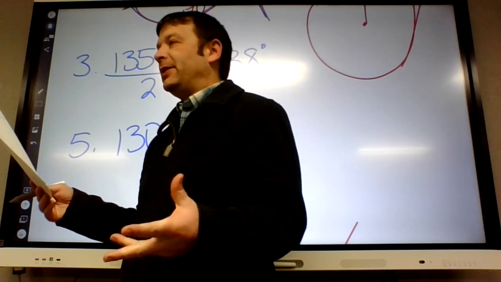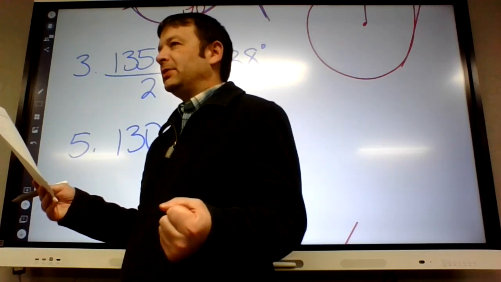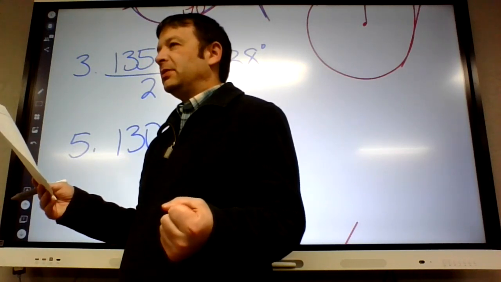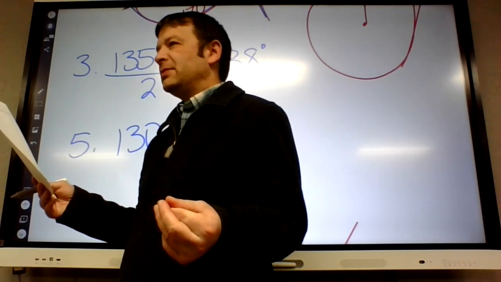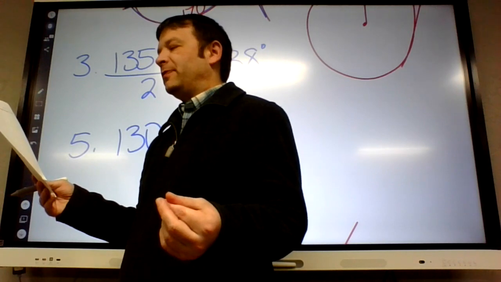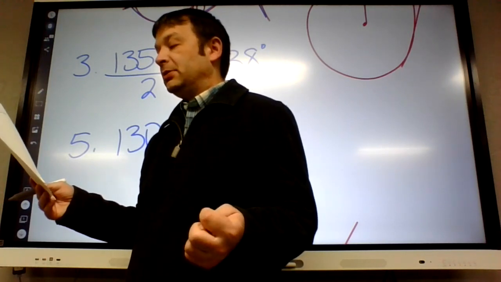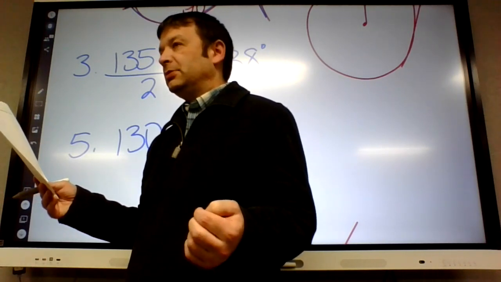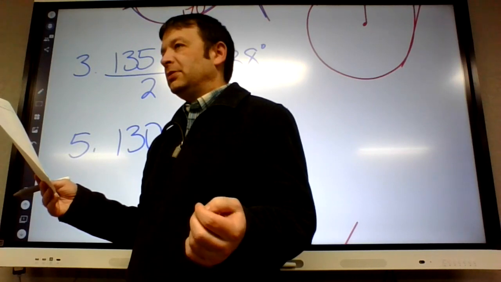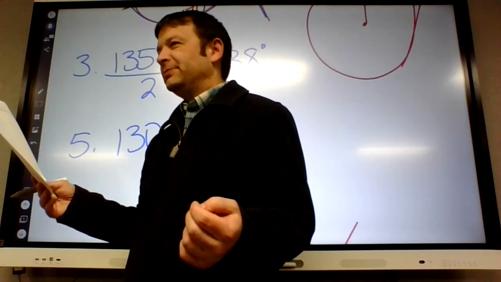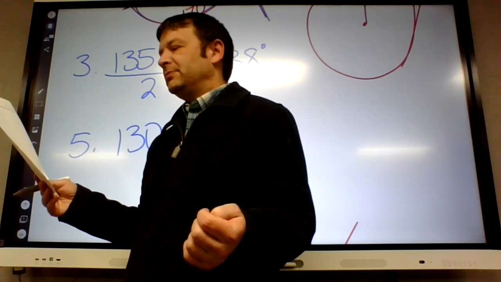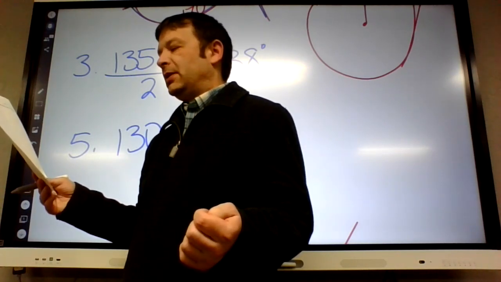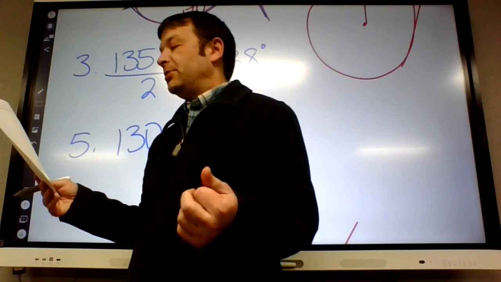So on number 5, what would it be? What's different about number 5 from number 3? It has the angle, not the arc. So how do we set it up?